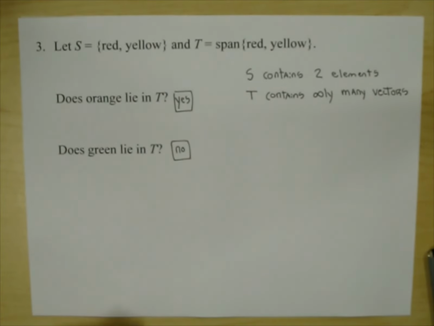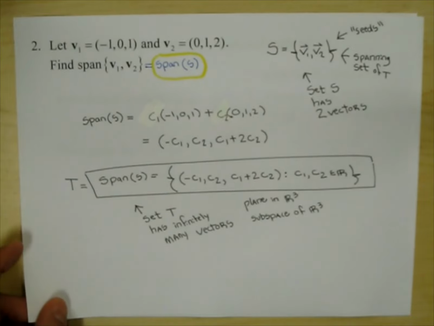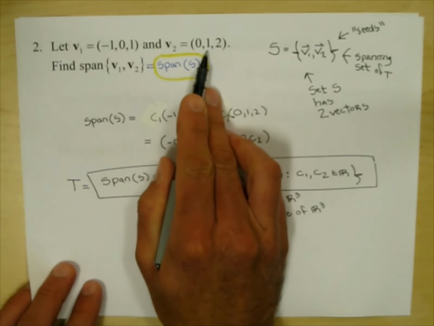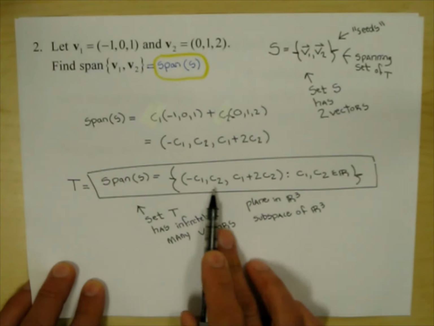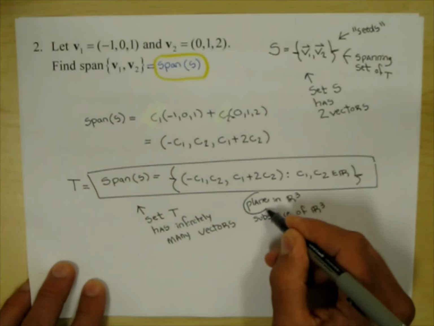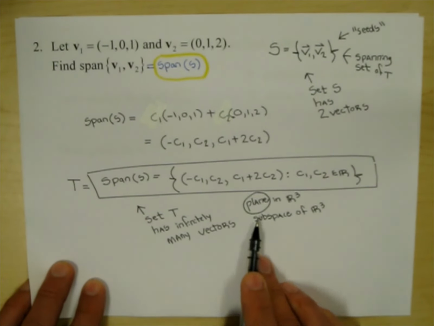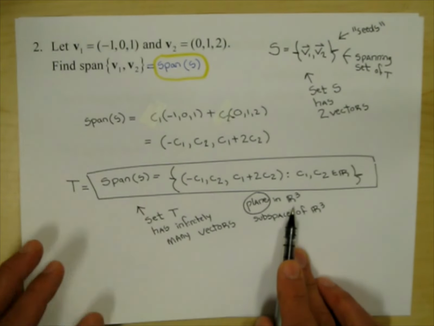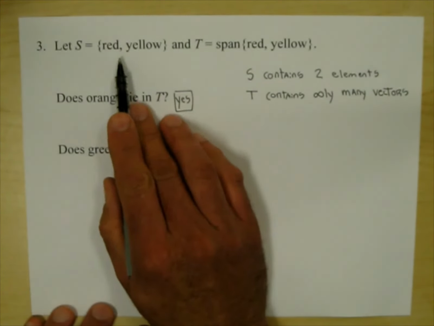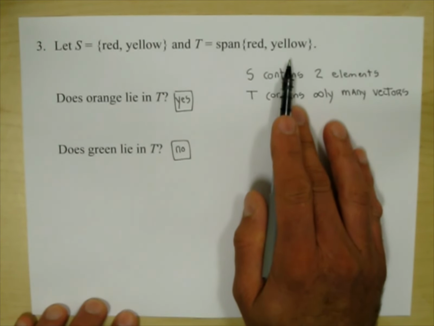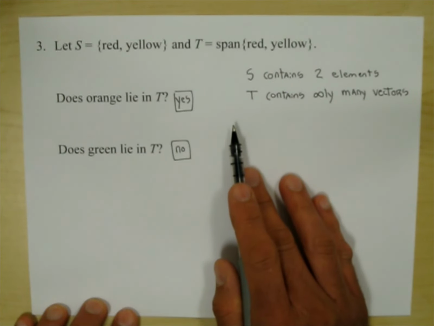Now, if you're not very good with colors, then forget about this example. But I'm using it as an analogy because take a look at this one right here. The span of these 2 vectors, this is like red, this is like yellow, and these are all the colors you can make from red and yellow, which happens to be what? A plane. But it doesn't give you all of R3, it just gives you a slice of R3. Just like red and yellow give you not all of the colors, but just a slice of the colors.